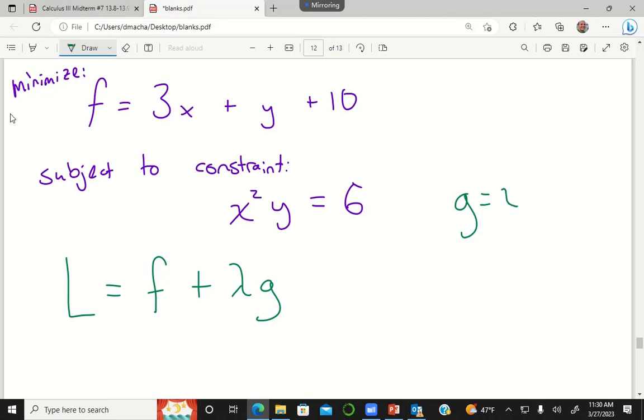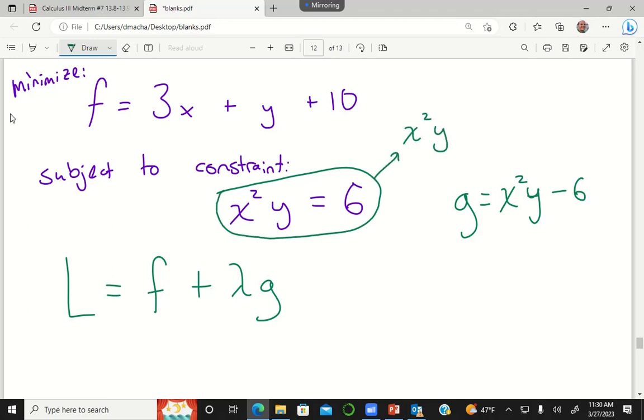Yeah, g is going to be x squared times y minus 6. The reason I say minus 6 is because the idea is we're taking my constraint equation and rewriting it so that one side of the equation is 0. And then we say, well, g is the bit that is equal to 0, and that's why g is x squared times y minus 6.